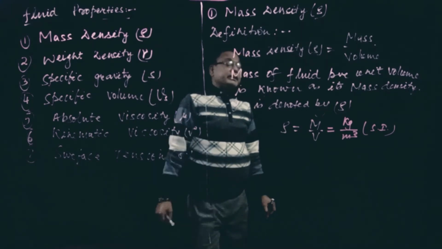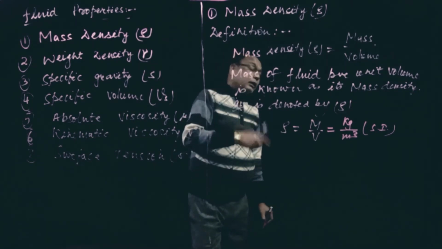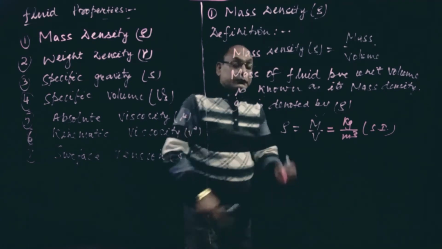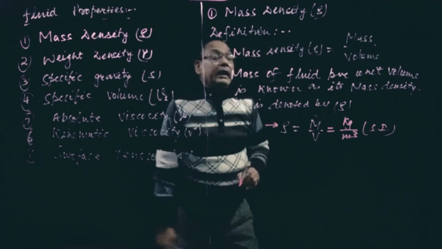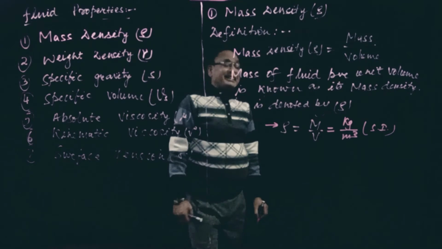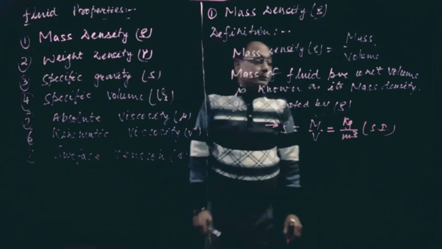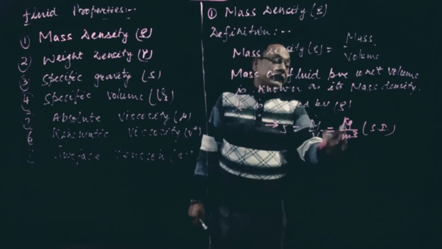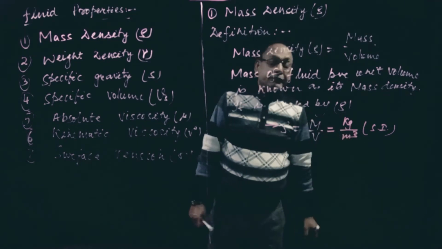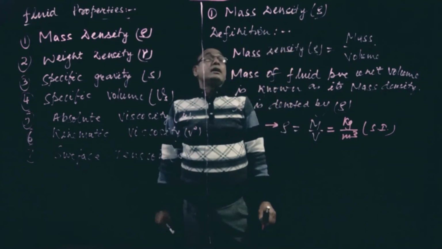That is confusing. Better not to learn those things, because we are going to solve numericals only in SI units. So kg per meter cube is the unit of mass density of the fluid.